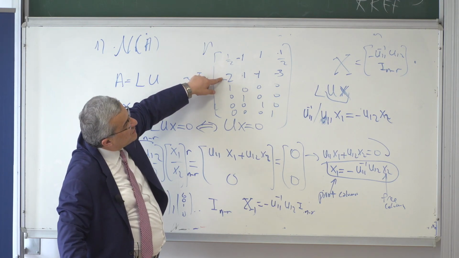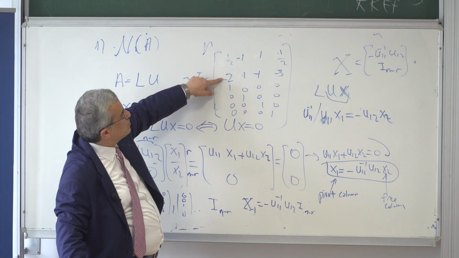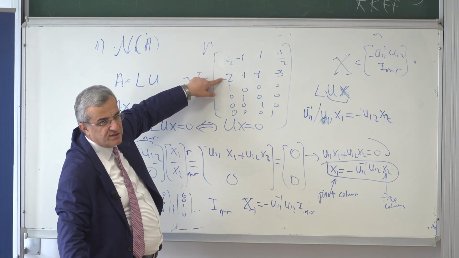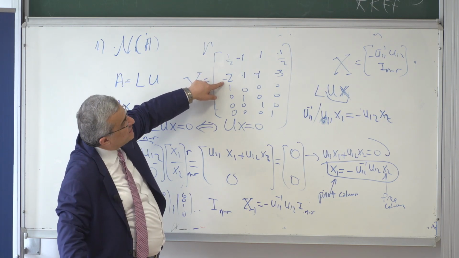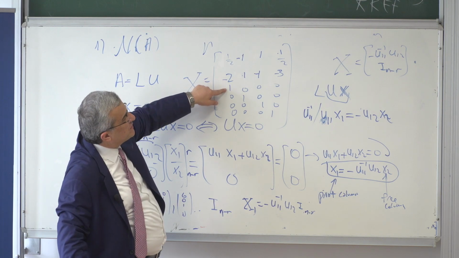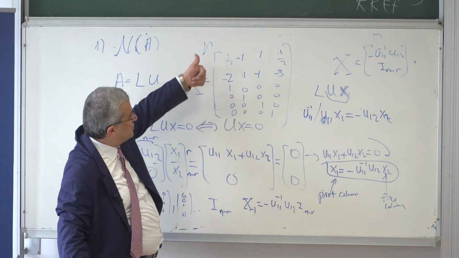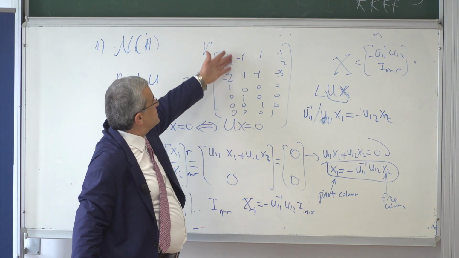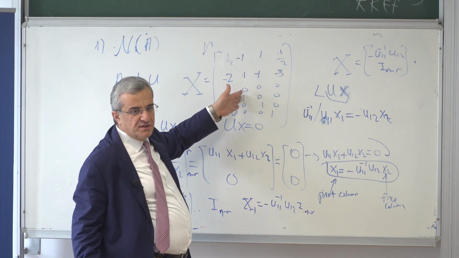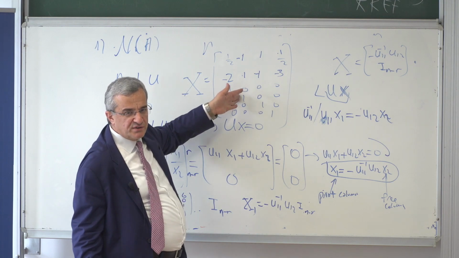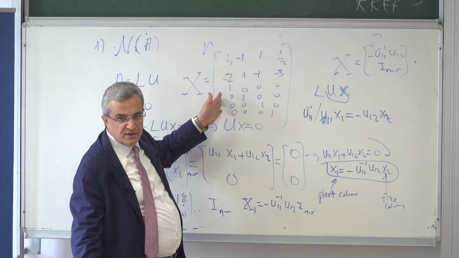Then 1 times -2 is -2. So what is the running sum? It's become -1. Then 1 times 1 is 1. So it is 0, right? Good. So let's take this vector. So we found out that this first column is in the null space.